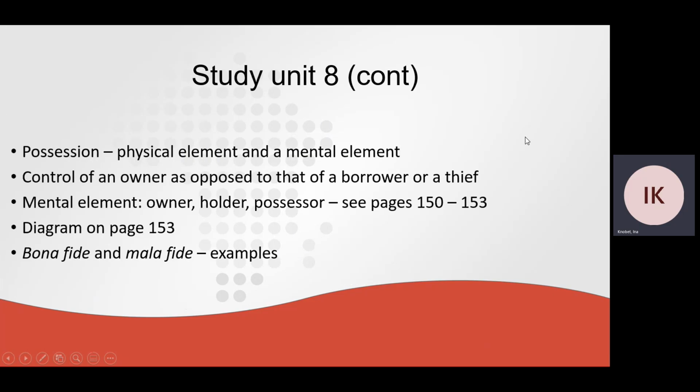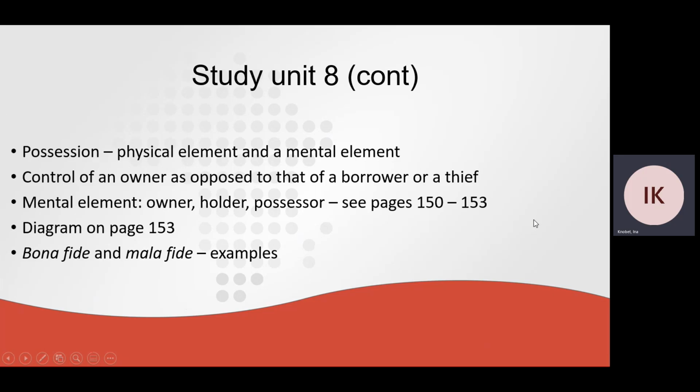Okay, now on the screen you will see certain terms. By no means am I saying that these terms are the only ones that you must look at. It's just certain words and aspects of this study unit that I really want you to make sure that you understand.